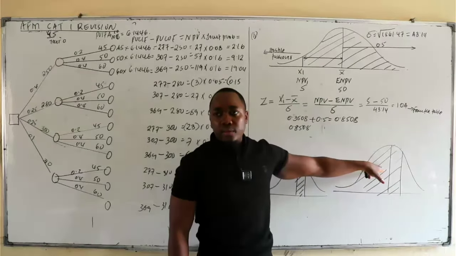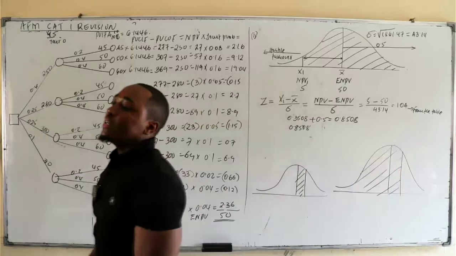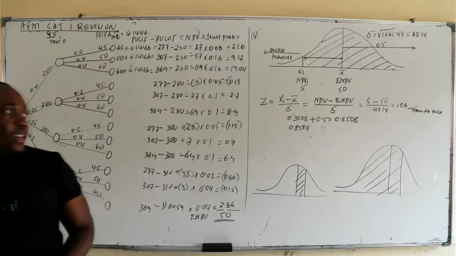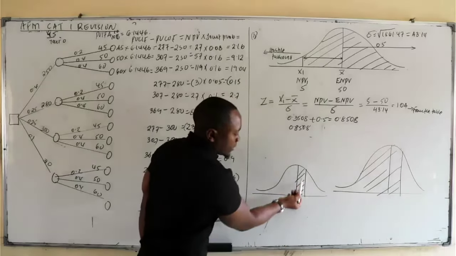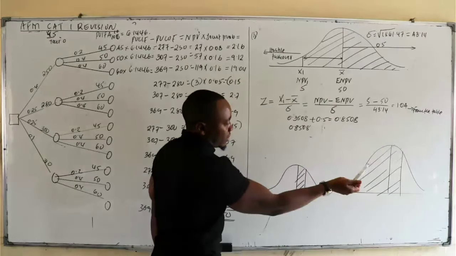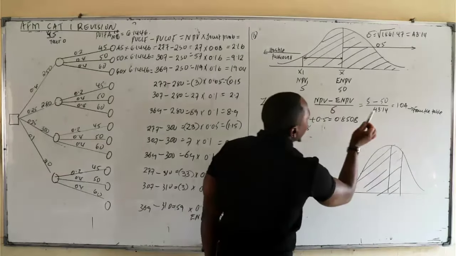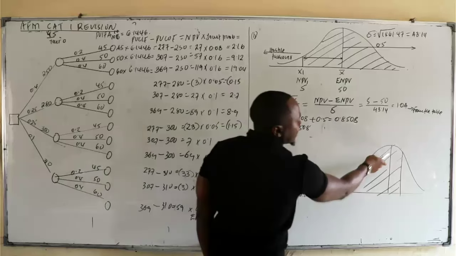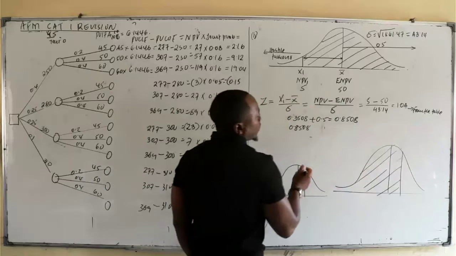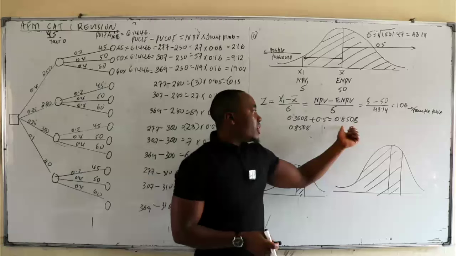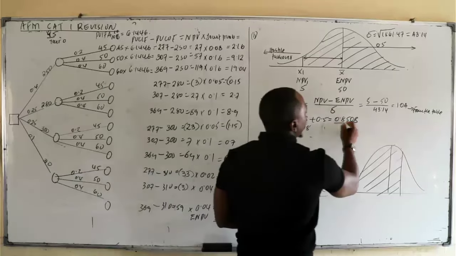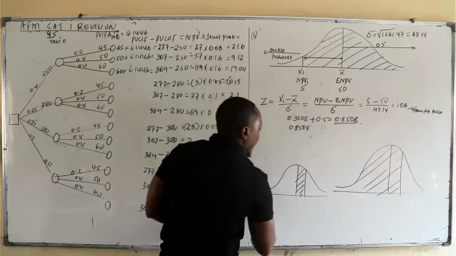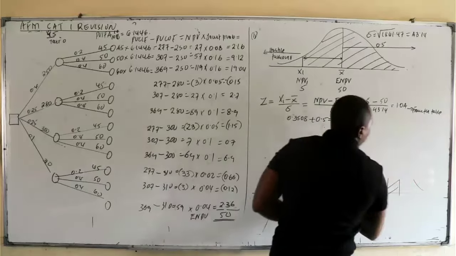Are you getting the difference between the two? Yes, it has already factored that. So if you use the first table, that's when you add 0.5. If you use this table, don't add 0.5 because the shaded part has already factored 0.5. So therefore, the probability of avoiding hostile takeover is 85%. Good. And you can take a screenshot.